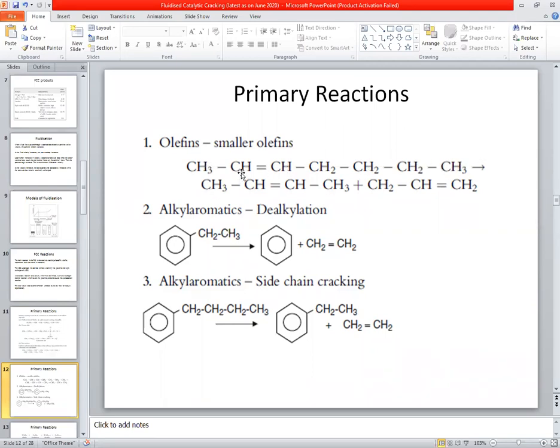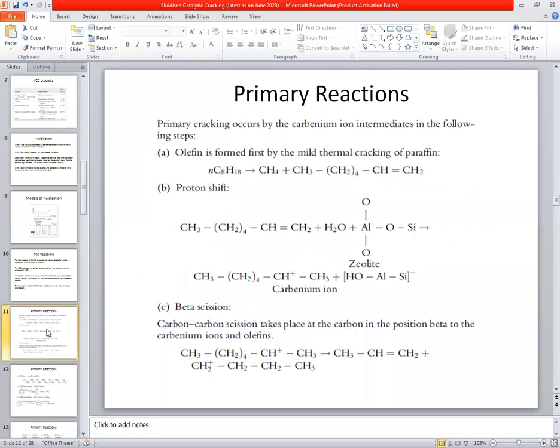C7H14 breaks down here: C1, 2, 3, 4, C4H8, and 3, C3H6. C7H14 breaks down into two olefins, C4H8 and C3H6. This is the primary reaction that occurs.